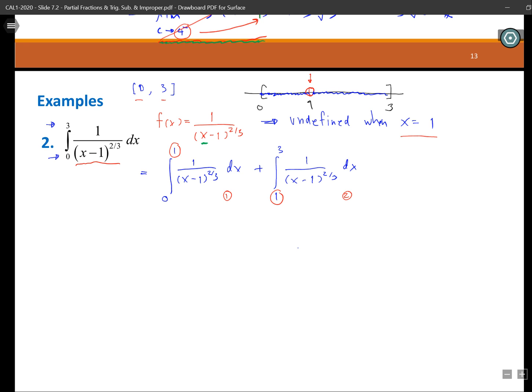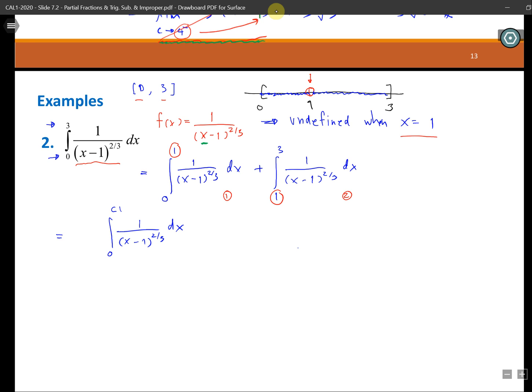Alright, so here I'm going to move to right here. The first term, 0, has no problem, so I keep it. And 1 is the problem, so I'm going to use C1 just like in the guideline I gave to you earlier. Alright, the rest is the same, 1 over (x minus 1) to the power of 2 over 3 dx.